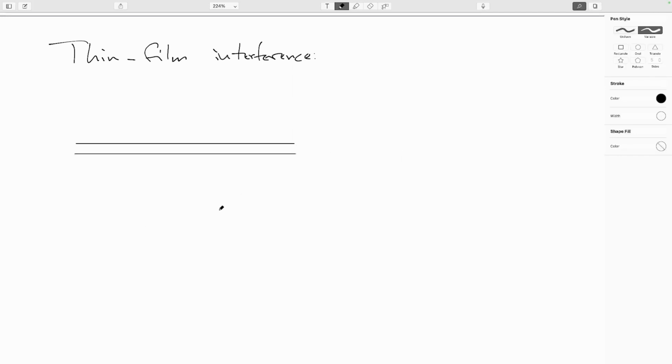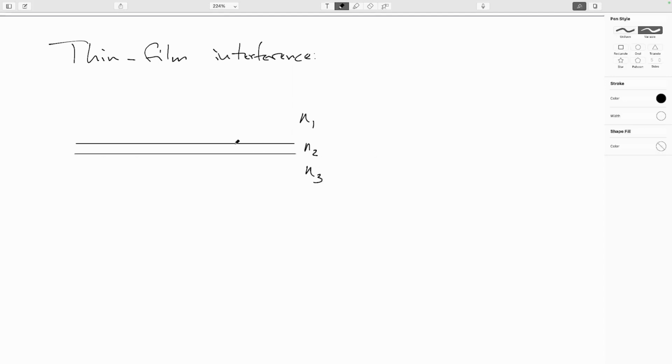Well, it turns out that we'll have some medium here, could be air, could be something else. Then we'll have another medium here. This is the medium for the thin film itself. And then you will have an index of some other medium here. This is whatever the thin film is sitting on top of. So for instance, if you're blowing a soap bubble and you see all the shiny colors coming off of the soap bubble, what we would be having here is air, soap film, air, as an example.